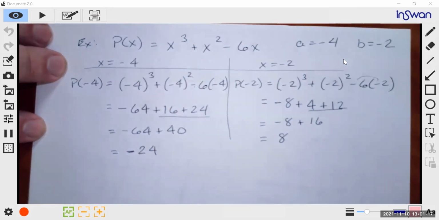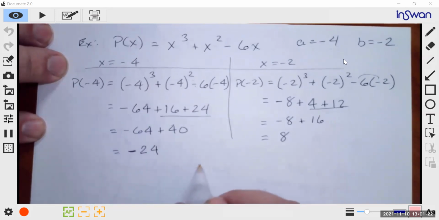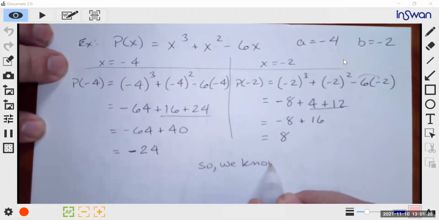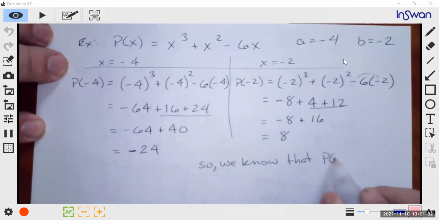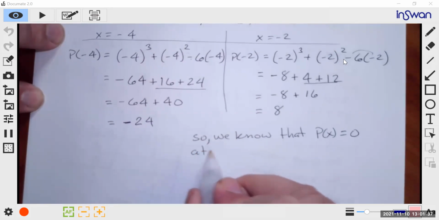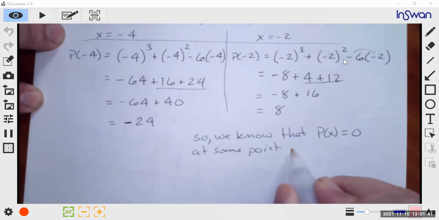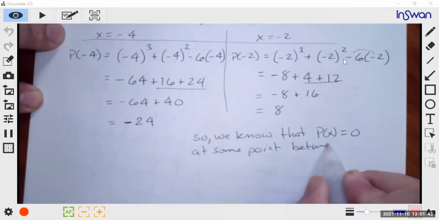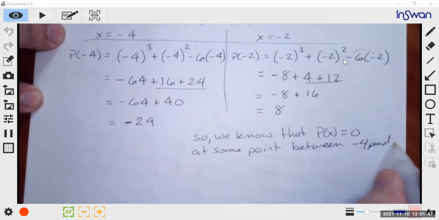So what does that tell us? We know that P of x equals 0 at some point between -4 and -2.